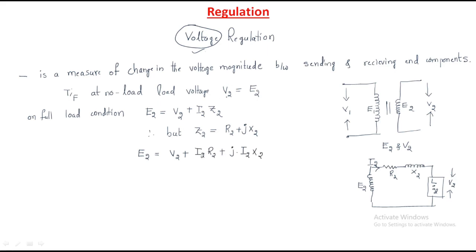Whenever the transformer doesn't have any load, the relation is E equal to E2. But at any load or full load condition, the relation between induced EMF and load voltage is like this.